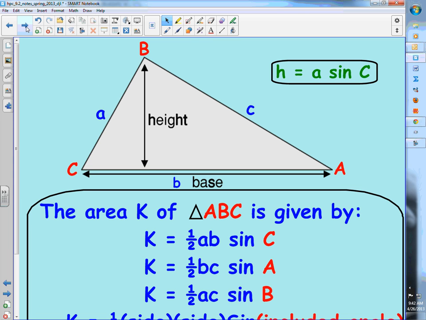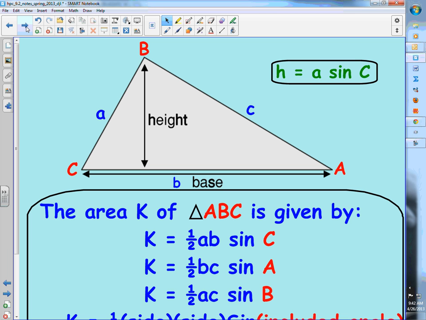And in general, even more, we could do 1/2 AB sine C. We could go the other way and do 1/2 BC sine A. Or we could go 1/2 AC sine of B, if we wanted to do one of the other altitudes. So if we wanted to do an altitude going this way or an altitude going this way, we have other formulas. And there's more that we could do. But there's 3 right there with angle A, angle B, and angle C.